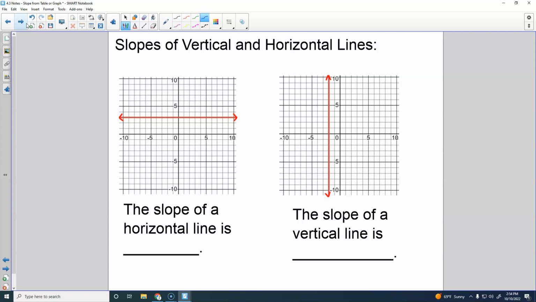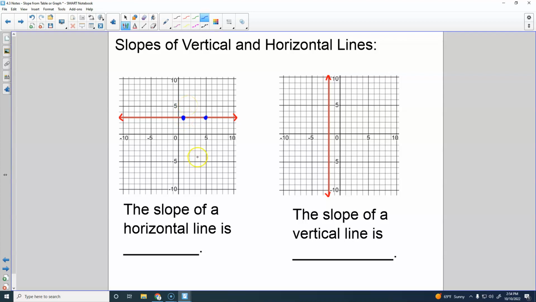All right. Vertical and horizontal lines. Okay? Undefined and 0. Which one's which? All right, let's do change in y over change in x. So I could pick a couple points. I'm going to pick these 2 points right here on this particular graph.